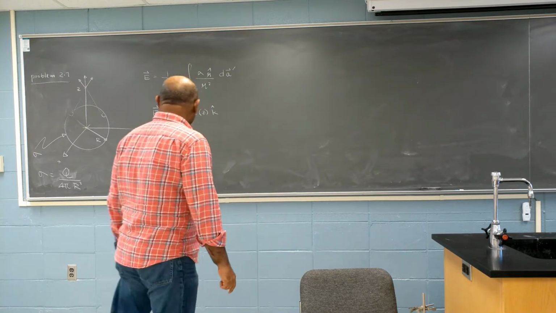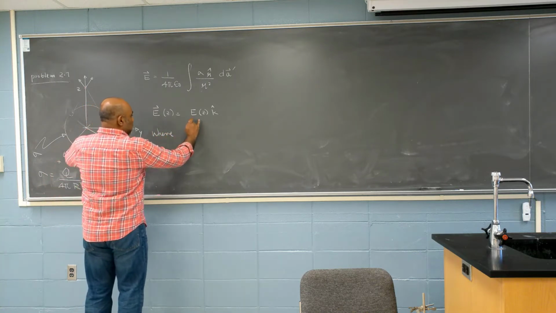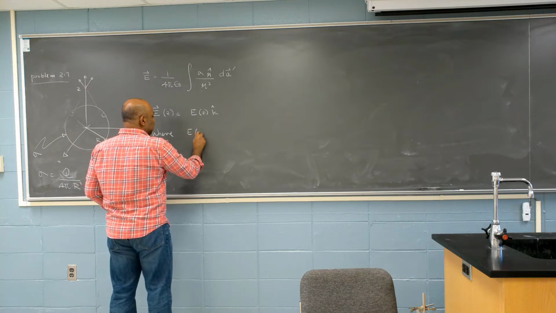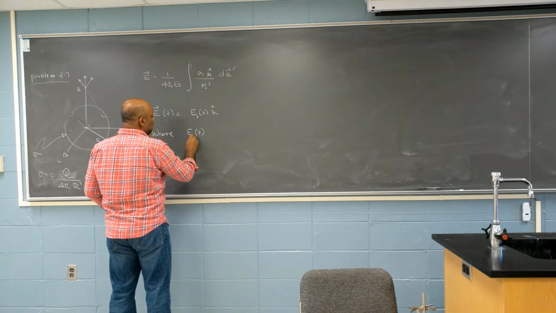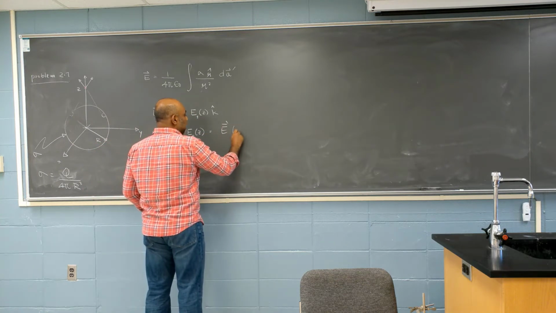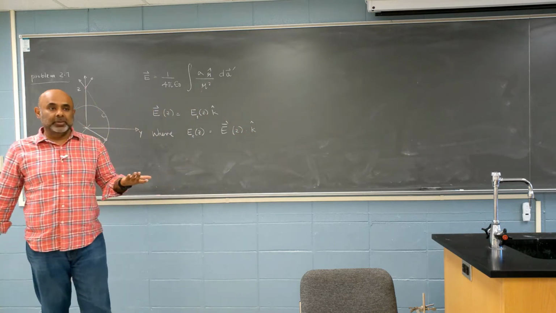So what I'm going to do is, what's the definition of Ez? I should really say the z component is equal to nothing more than E of z dot k hat. That's what the z component is.